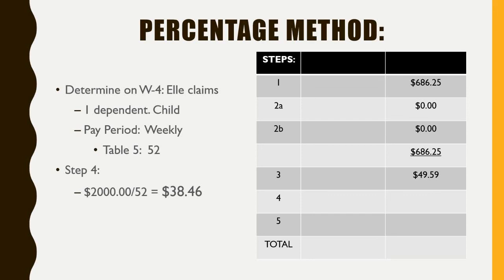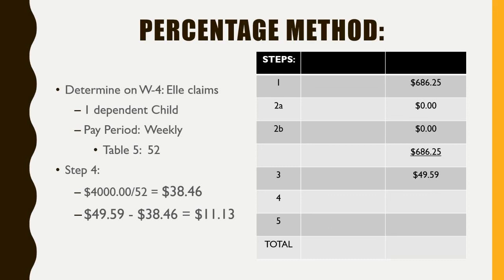And what happens to this $38.46? It gets taken out from your total withholdings that you just calculated earlier. So she's subjected to $11.13 worth of federal income taxes. And the last one is going to be any deduction. So if she claimed her house or she has other things such as garnishes, extra deductions or extra withholdings, then that's just going to keep taking.